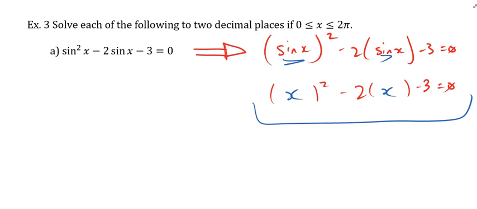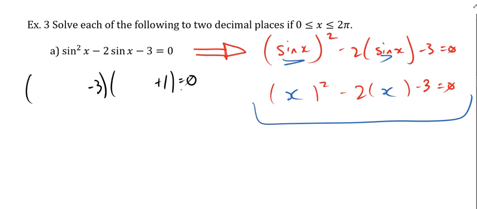Does anybody know how we factor this? And so what do we do? Very good. Multiply to negative 3 and add to negative 2. Do you know what those two numbers are? So I'm going to do this. Watch, negative 3 and positive 1, of course.